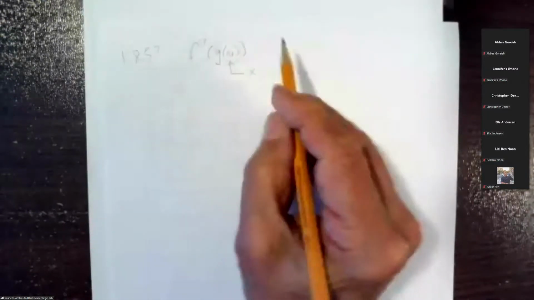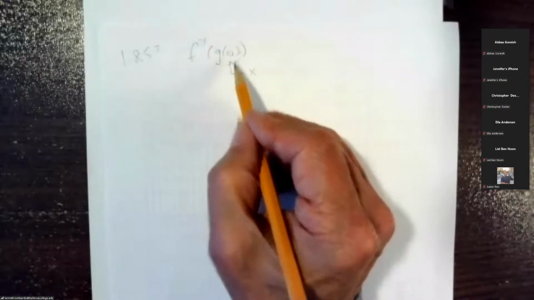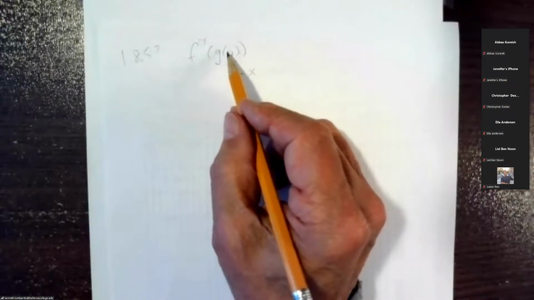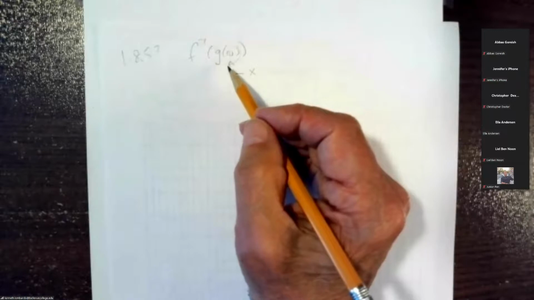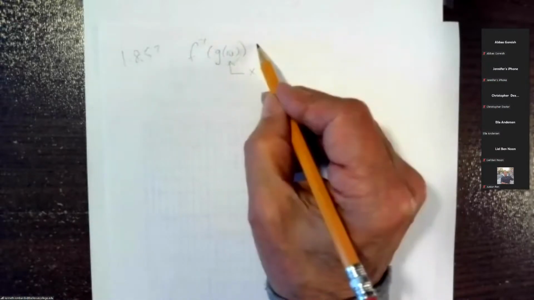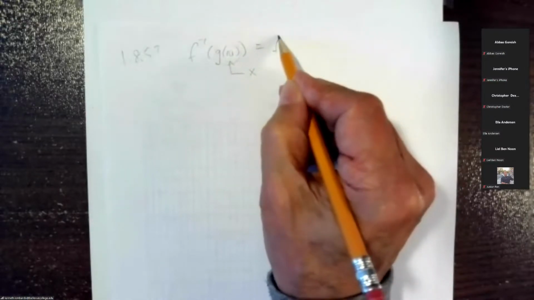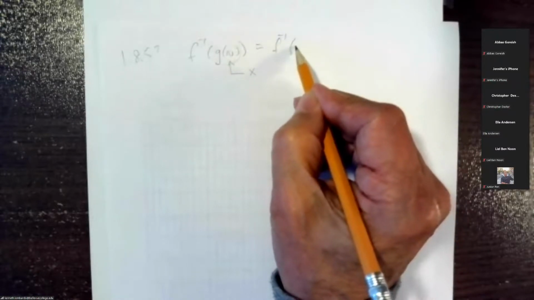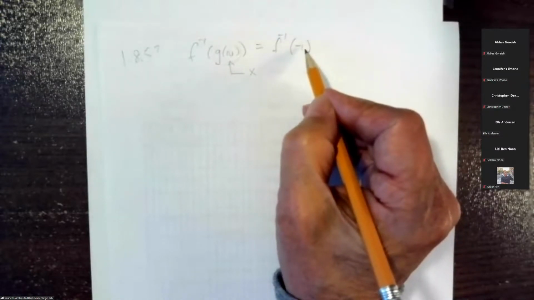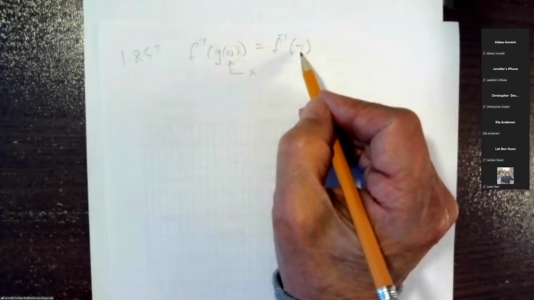G evaluated at 10 is what? -1. Okay, so that says inverse -1. That makes sense.